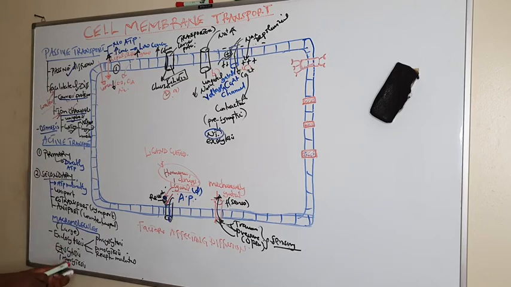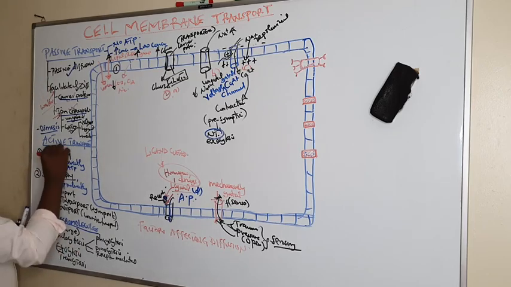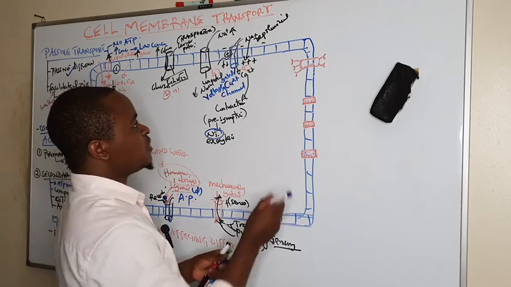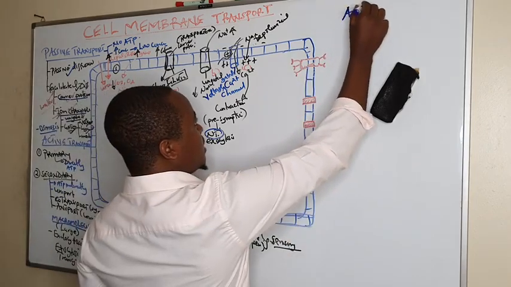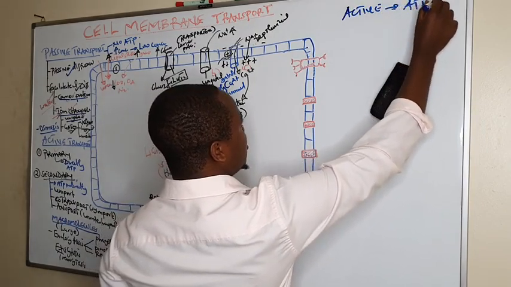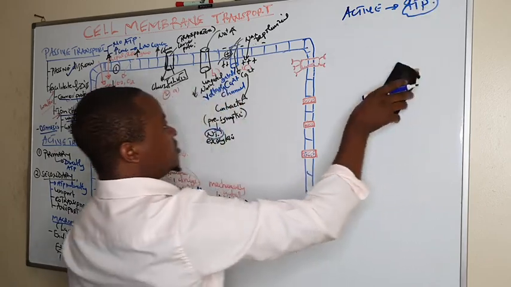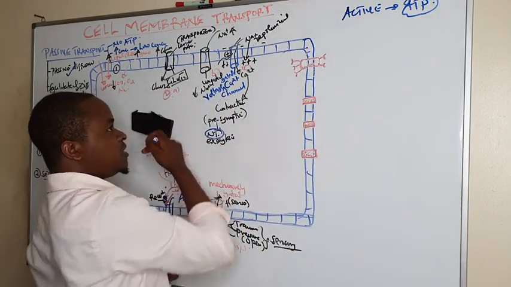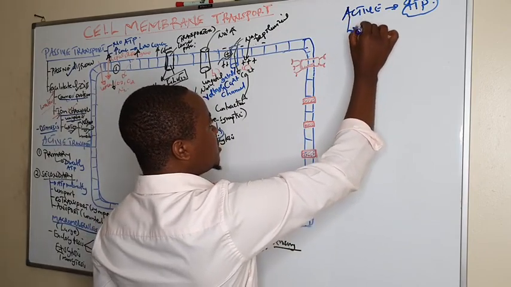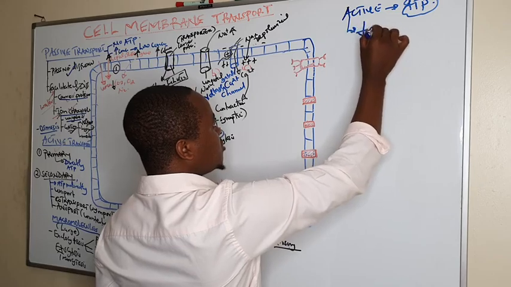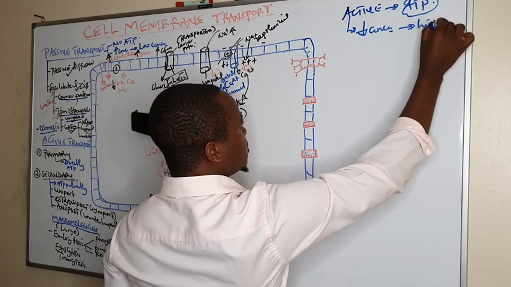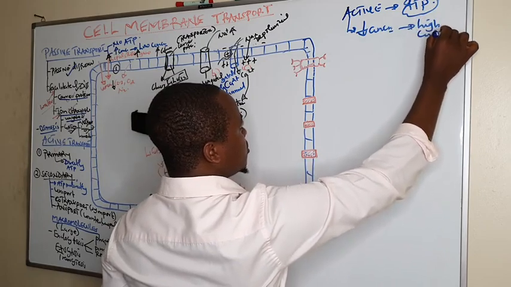The next discussion is on active transport. And in active transport, the word active means we are utilizing energy in the form of ATP. And this energy in the form of ATP is the one that drives substances from regions of low concentration to regions of high concentration.